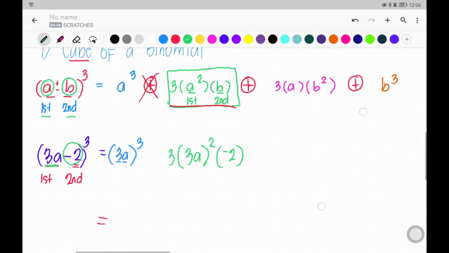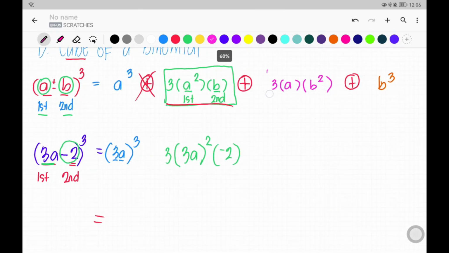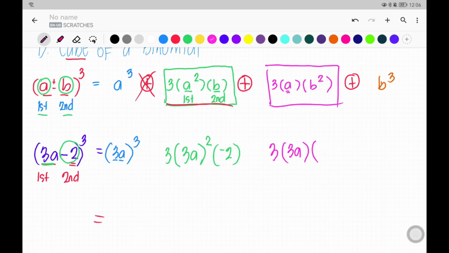Okay. Then next, doon naman tayo ngayon sa 3 times ano ang a natin? First term. Ito yung first term natin ay 3a. Then, square natin ngayon yung second term. So, ang second term natin ay negative 2. Negative square natin. Okay? So, huwag muna tayo ulit ng process.